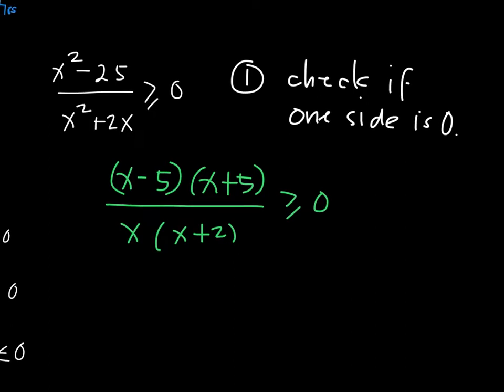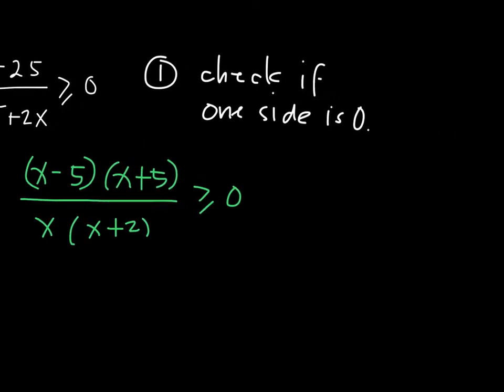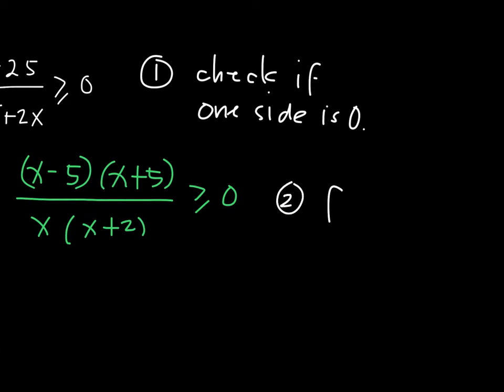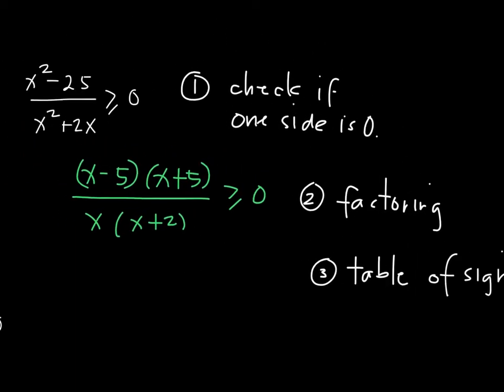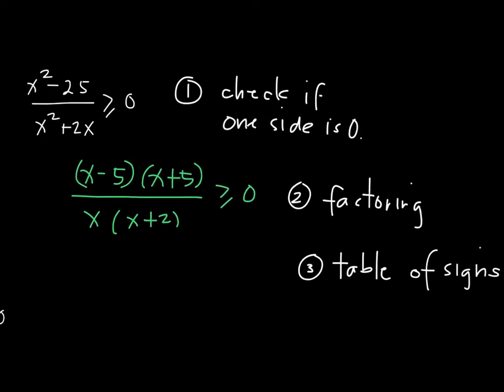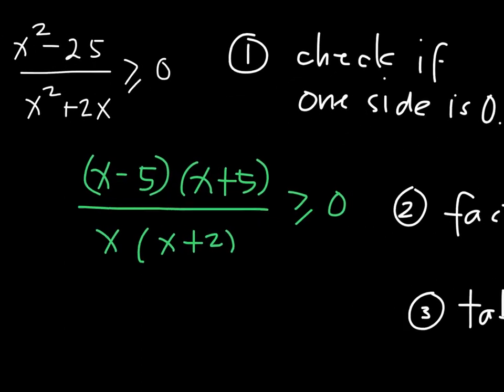Number 2, what we have done, is some factoring. Then our third step is to make what we call a table of signs. This will lead us in finding the proper combination of signs.